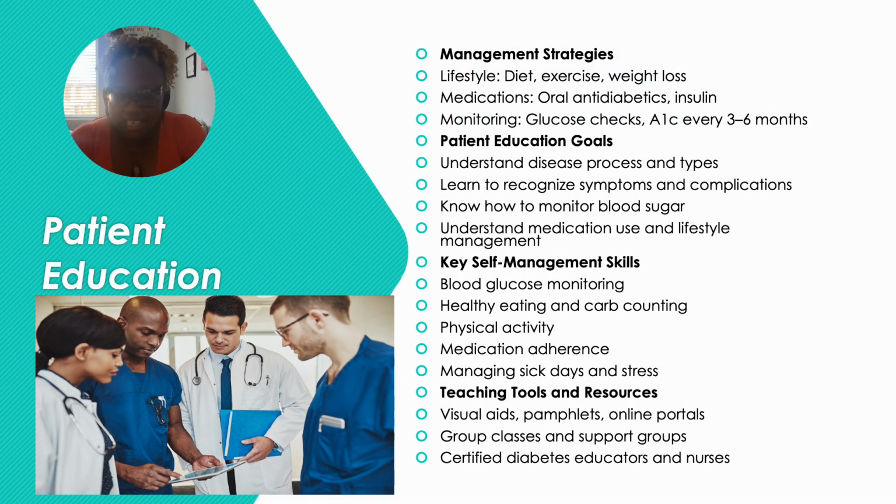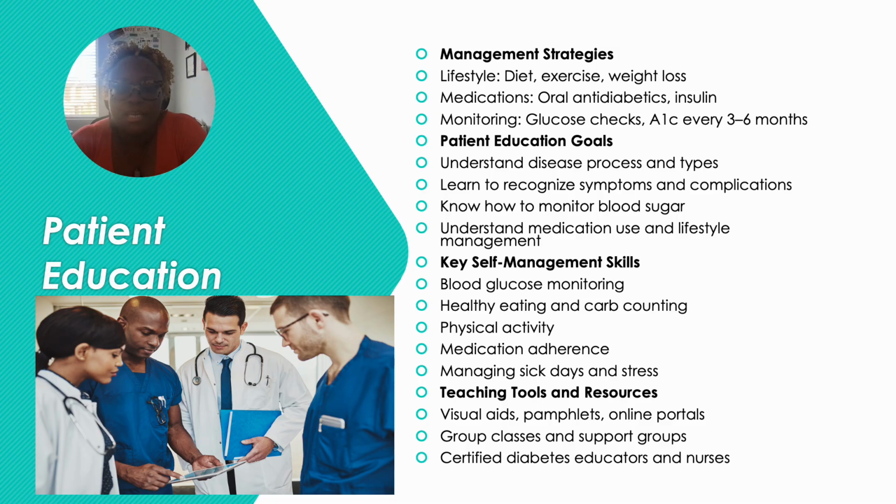Some of our patient education with our diabetics. Management strategies, lifestyle. Can't stress this enough: diet, exercise, and weight loss. The medications, both oral anti-diabetics and insulin. We want to monitor their glucose, their A1Cs every 3 to 6 months.